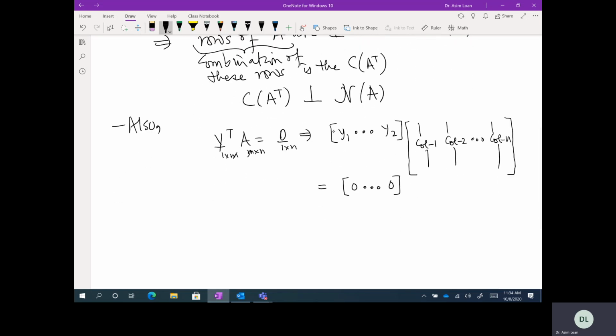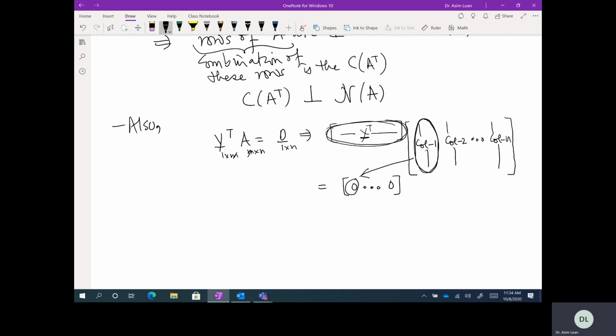So again, I do the same thing. This vector times this column vector is equal to this zero.